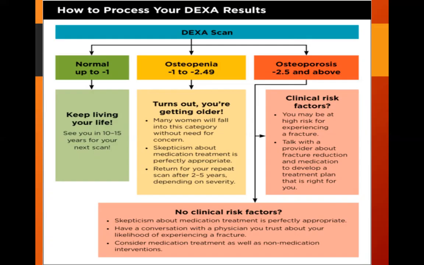Talk with the provider about fracture reduction and medication to develop a treatment plan that is right for you. Skepticism about medication treatment is perfectly appropriate. Your doctor will discuss your plans if you are diagnosed with osteoporosis, and you can consider medication treatment as well as non-medication interventions such as physical rehabilitation or physical therapy.